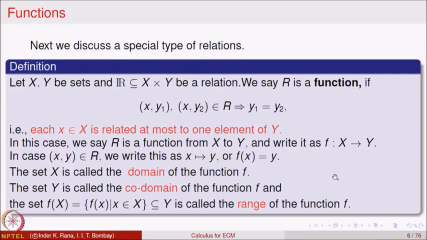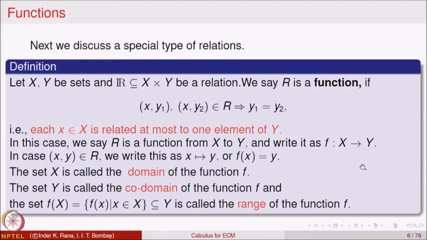So, a function is a special type of relation in which every element of X is related to some element of Y, and it is related to only one element of Y, it cannot be related to more than one element. The range is all the points of Y which are related to some point of X.